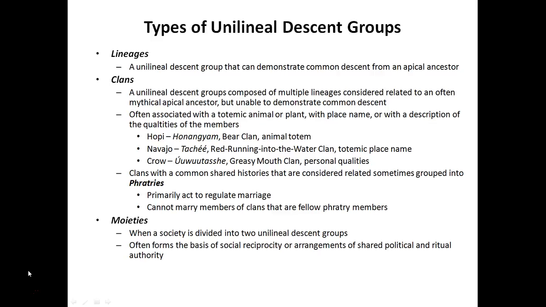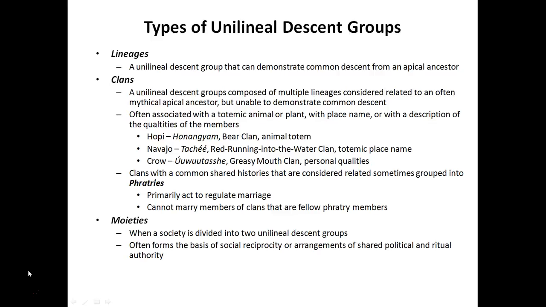A lineage is the basic form of a unilineal descent group, and this is one that can demonstrate descent from a common apical ancestor, a single founder. And this can be demonstrated genealogically through a series of relationships over time.